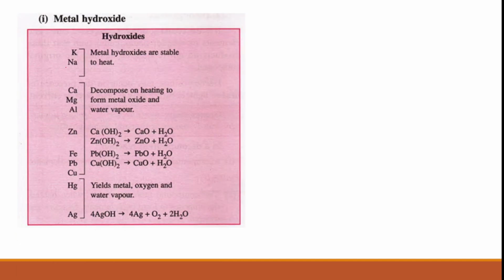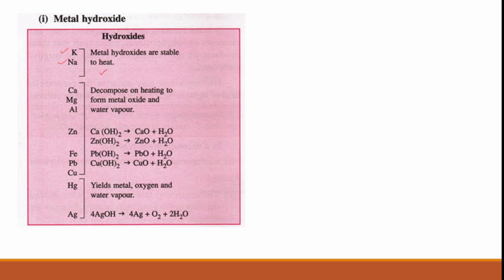This is the highly reactive metal, potassium, then sodium. Metals like potassium and sodium form metal hydroxides. They are stable to heat. They will not decompose easily. Metal hydroxides are stable to heat. They will not easily form other compounds.